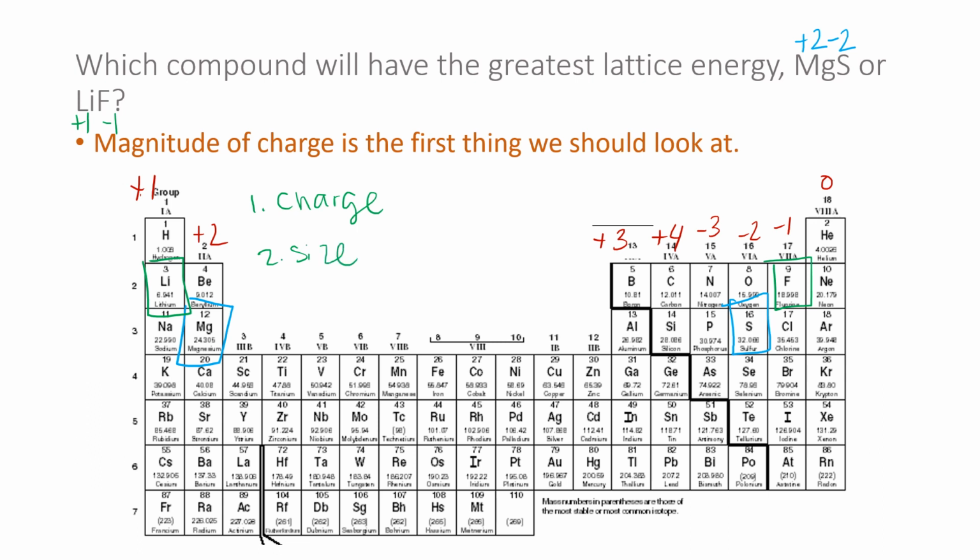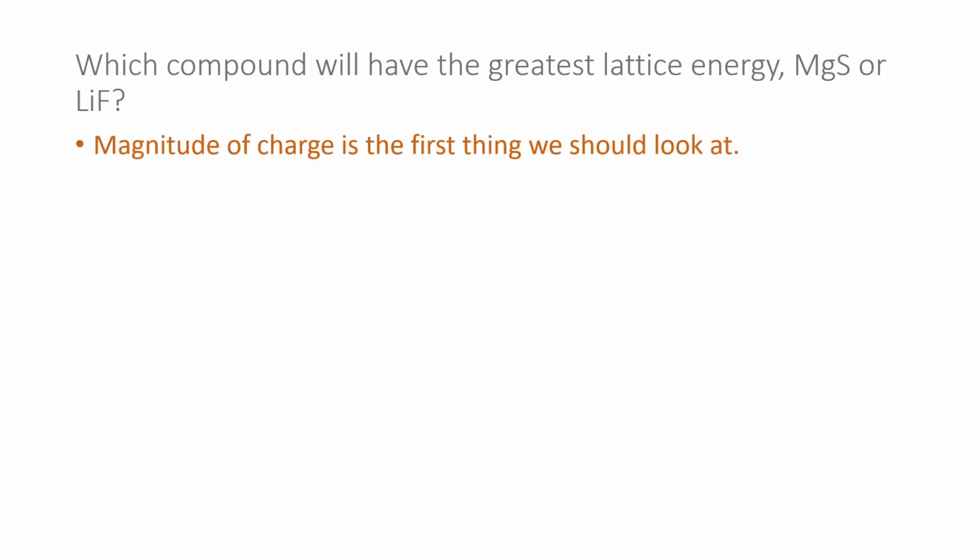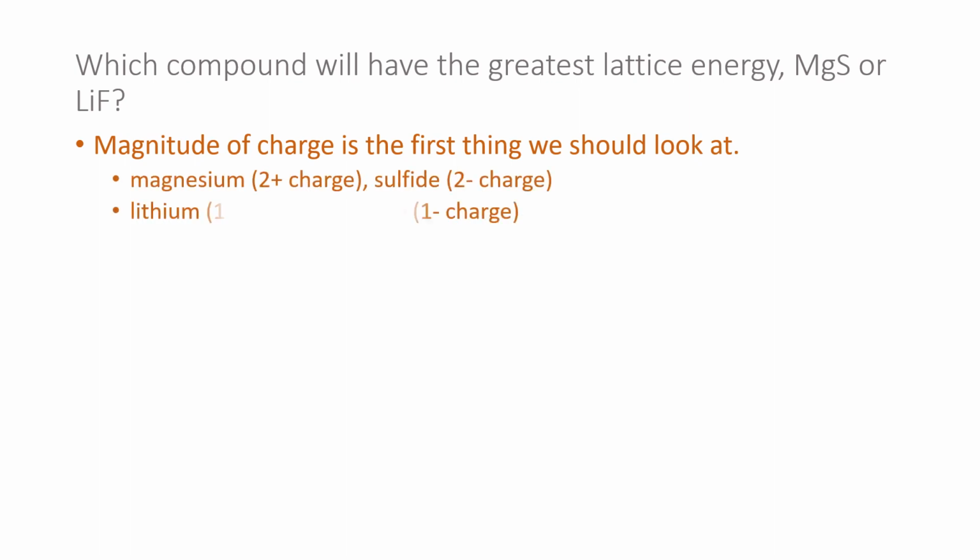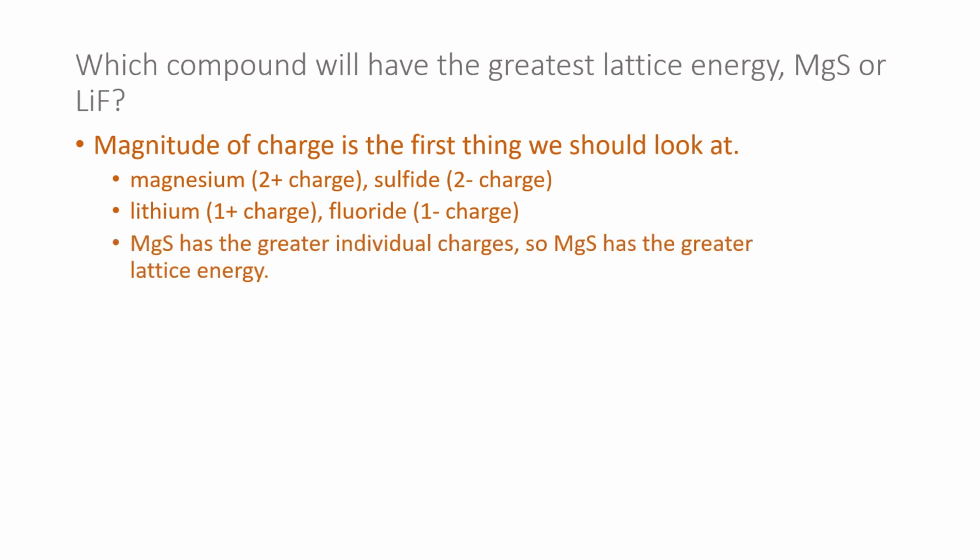Now comparing the magnitude of magnesium sulfide and lithium fluoride, what do you guys conclude? We already said that magnesium has a +2 charge, sulfur has a -2 charge, lithium is +1 charge, fluorine is -1. So magnesium sulfide has the greater individual charges. So magnesium sulfide has the greatest lattice energy. Because remember, I told you guys to multiply the Q's, but think about it, you don't have to.